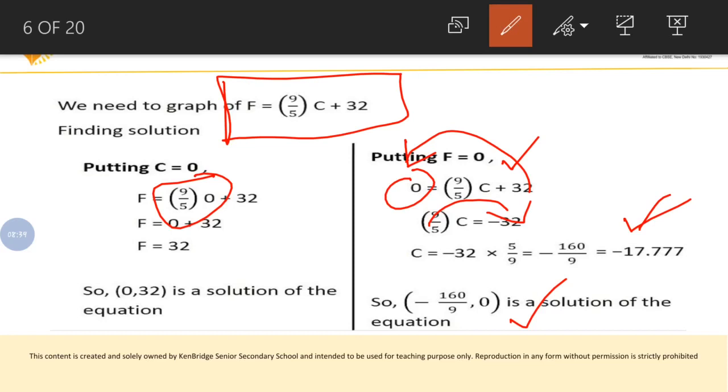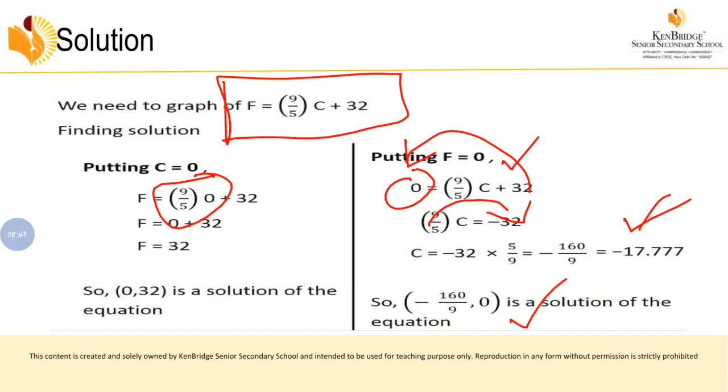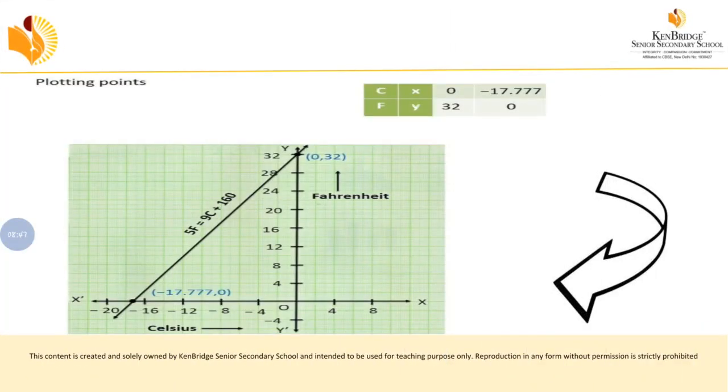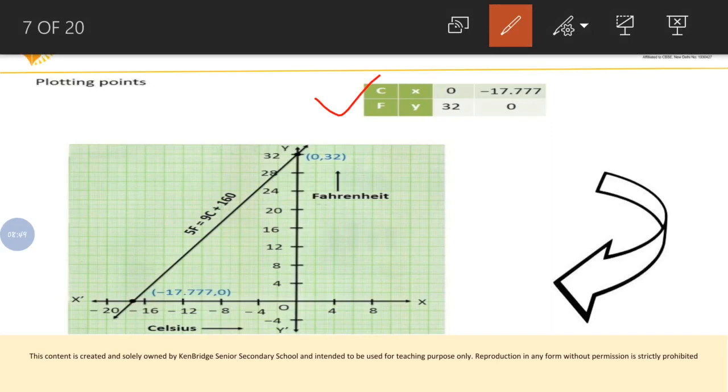So we got two points. Now we are going to plot them on the graph. First, write whatever points you got from the equation in a tabular column, and then plot them on the graph. The first point will be (0, 32): on the x-axis it will be 0, and on the y-axis it will be 32.